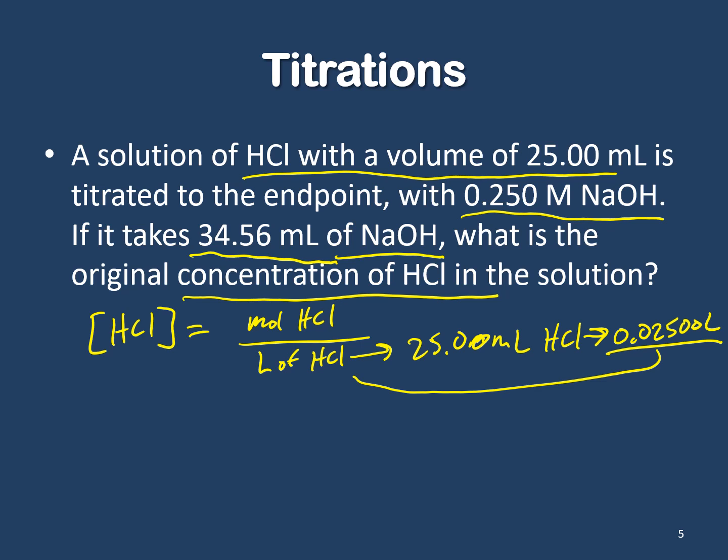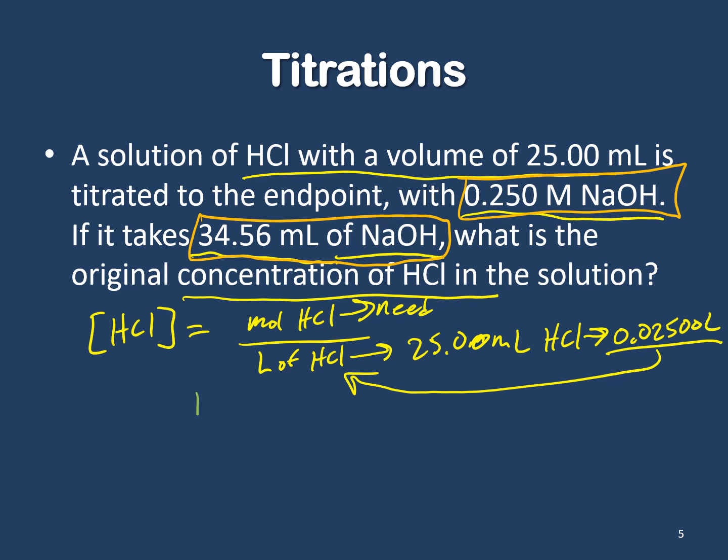So I have this value there. What I really need is the moles of HCl present in the system. And I can get that from the NaOH volume and the NaOH concentration, as well as finally the balanced chemical equation for this reaction, right? So let's write out that reaction.